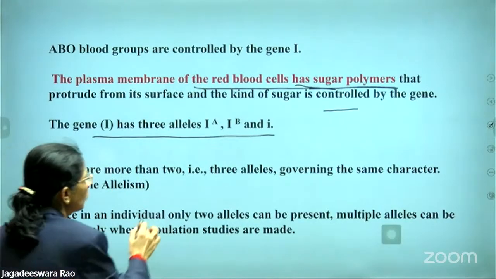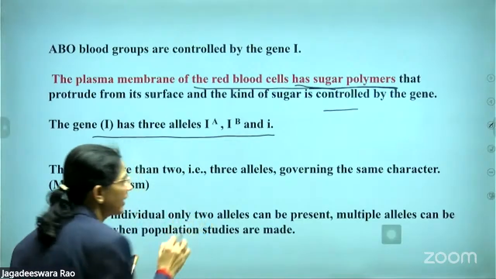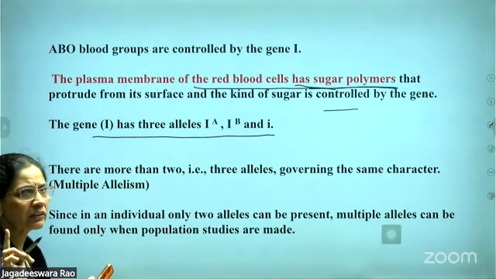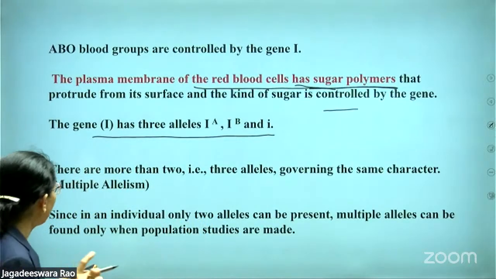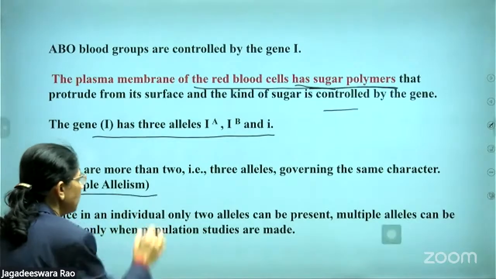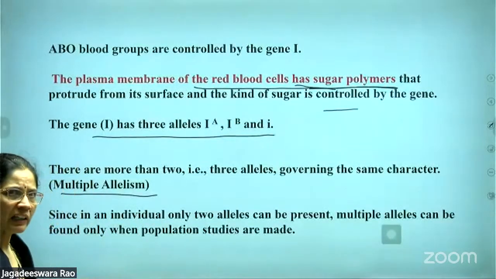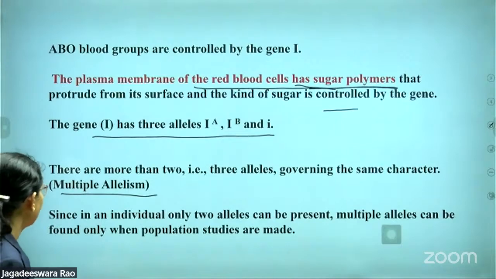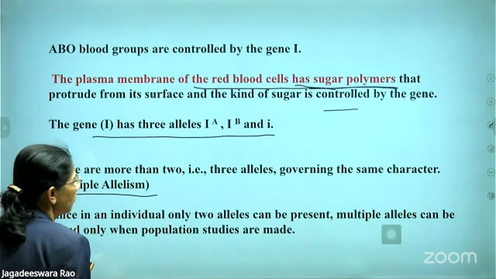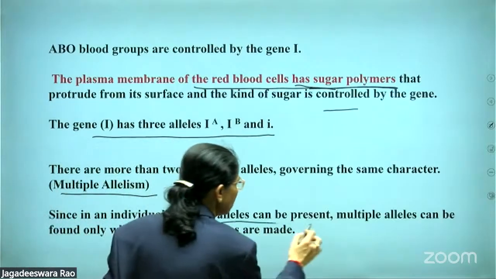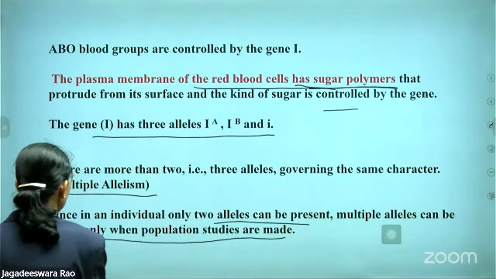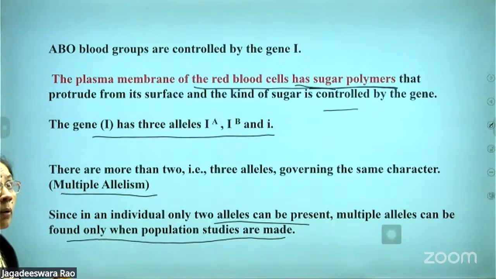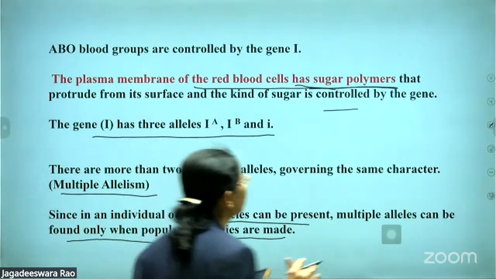There are more than two alleles for governing a particular character, so we call this phenomenon multiple allelism. Multiple allelism is shown by the ABO blood group system, right? And since in an individual only two alleles are present, multiple alleles can be found only when a population study is done. That you need to remember, children.